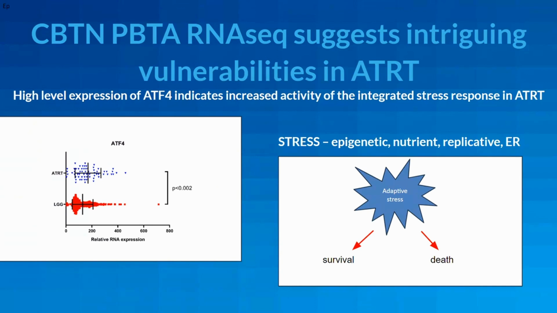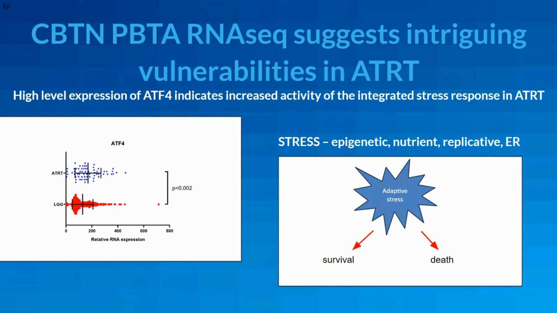So are there levers that we can pull to either stress the cells so much that they go over into dying, or that we block the stress response and then exacerbate the ability of chemotherapy to kill the cells? So we can tell you that ATRT have epigenetic stress because it's an epigenetically driven tumor.